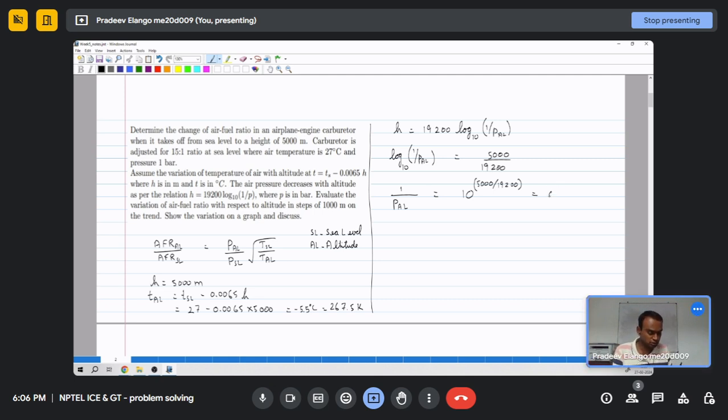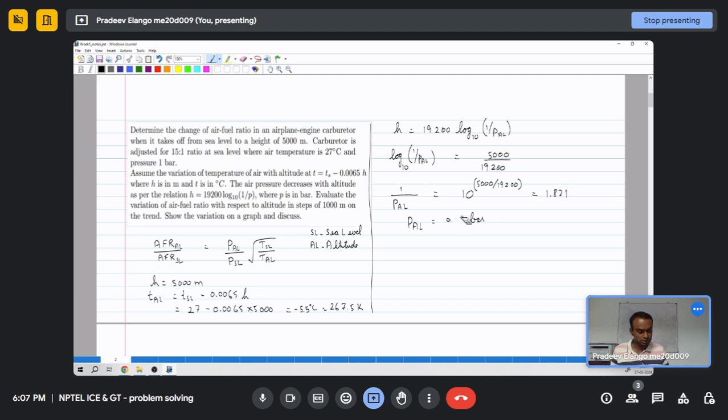Okay. 10 power 5,000 by 19,200, I am getting as 1.821. If I take the reciprocal, I am getting 0.549.